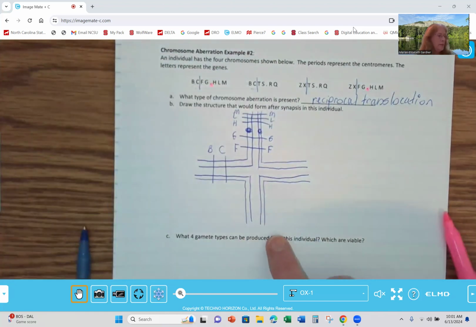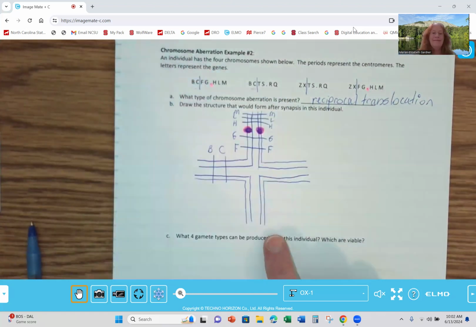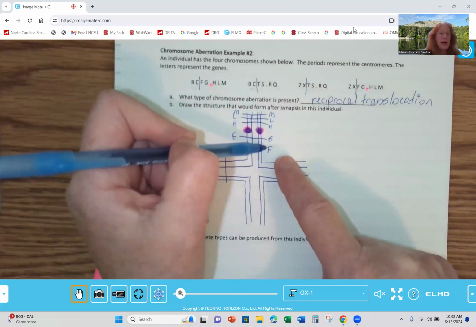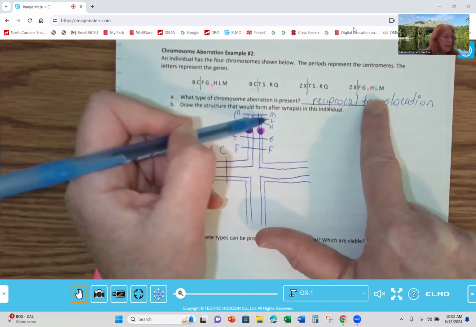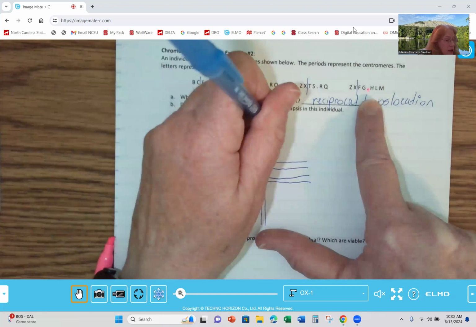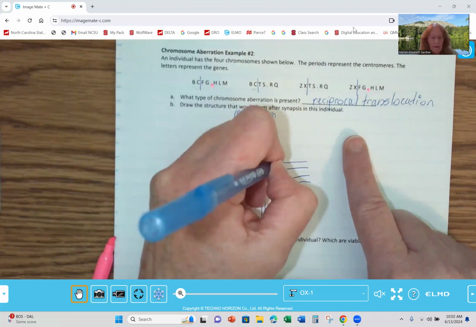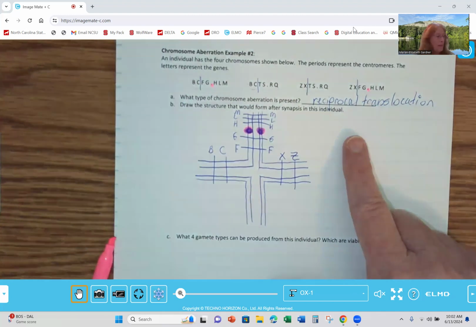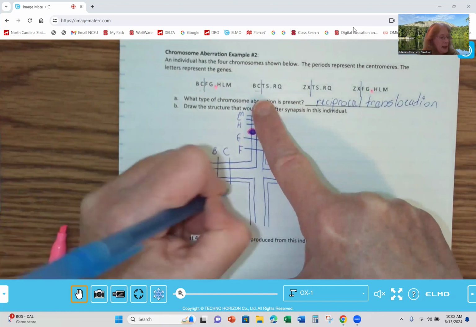Now this centromere is the one that I coded as the pink centromere, so I'm just going to make that pink. Now the other one, my next chromosome, since I've already labeled this part right here, because I know homologous areas have to pair, that would be this one that also has the MLH, that is an H, centromere GF, but then down here it would have XZ. Across from the BC here, I must have the other BC.